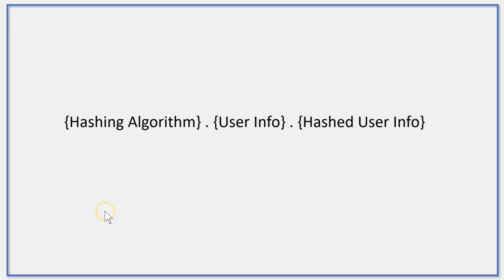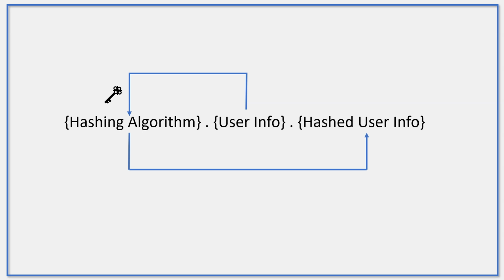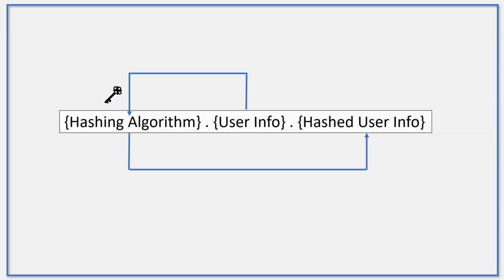Keeping that information in mind, when we generate the token, we take the user information, we take the key, and pass that user information with the key into the hashing algorithm, and then generate hashed user information and take this whole thing as a token.